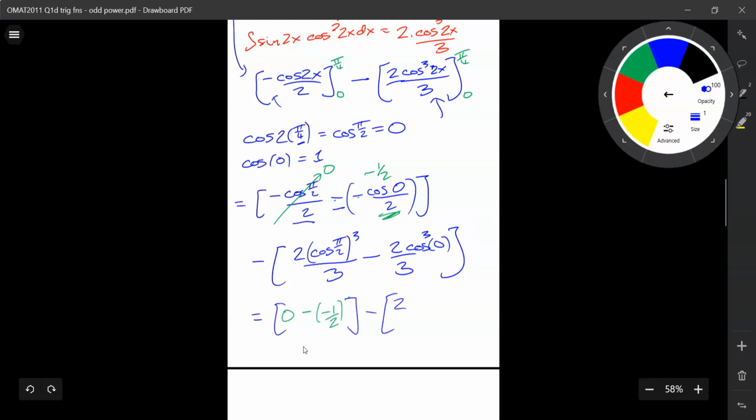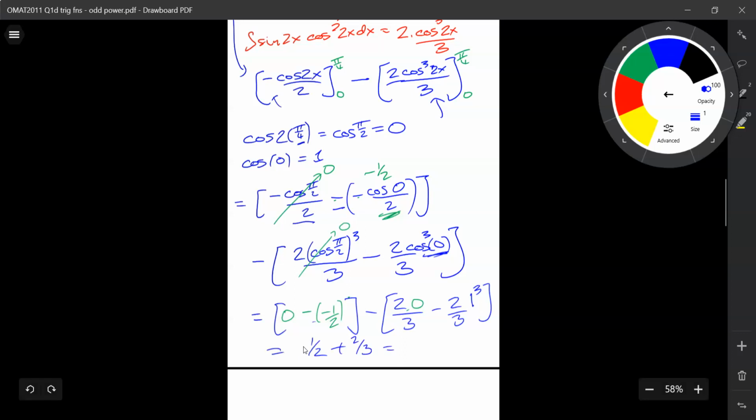This one here is 2 divided by 3, and it's 0. Basically that goes to 0 there. And this is minus 2 over 3, and the cosine of 0 here is 1 cubed. So this gives me minus times minus is a plus a half, and here I have minus times minus 2/3, which is plus 2/3.